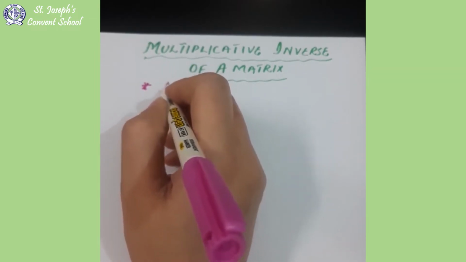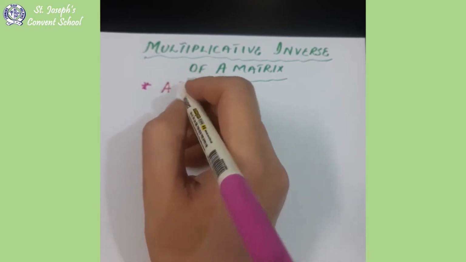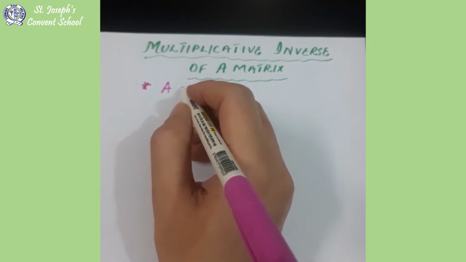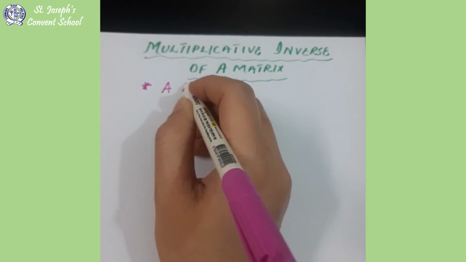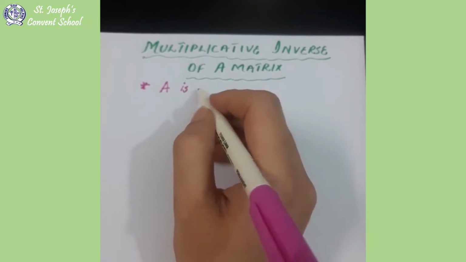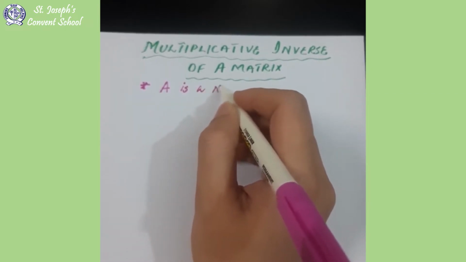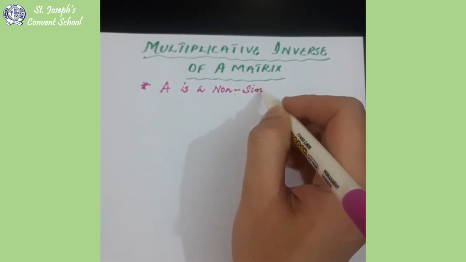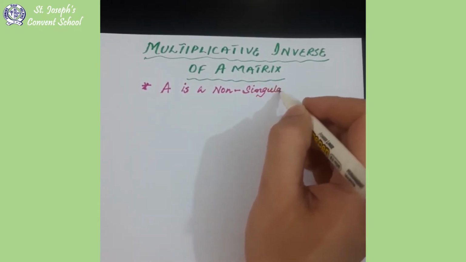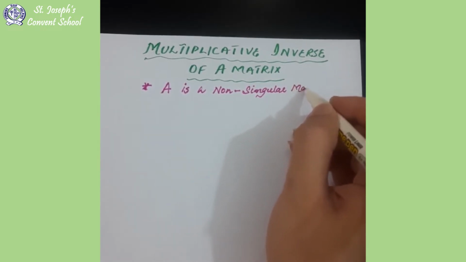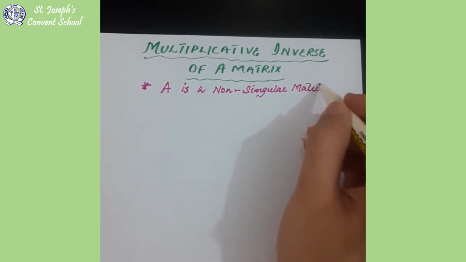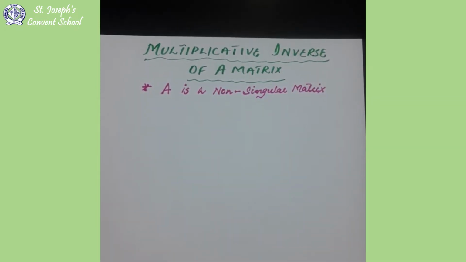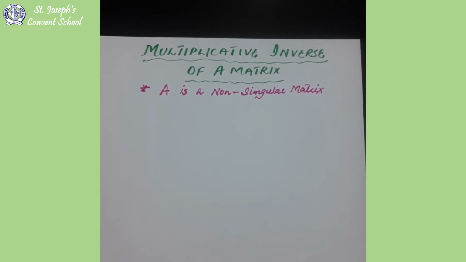So first step, find the determinant of A, and then you have to check that matrix A is a non-singular matrix, then only you can find the multiplicative inverse. If it is singular, it means the determinant is equal to 0. If it is singular, then you cannot solve it further. You cannot find the multiplicative inverse.